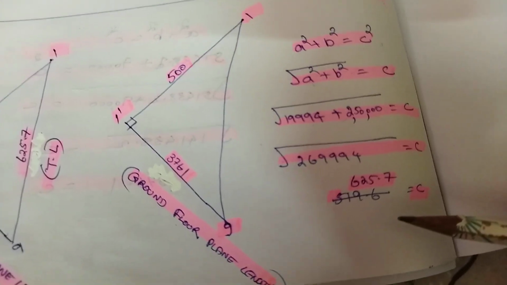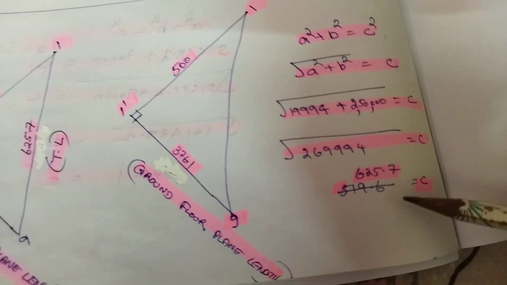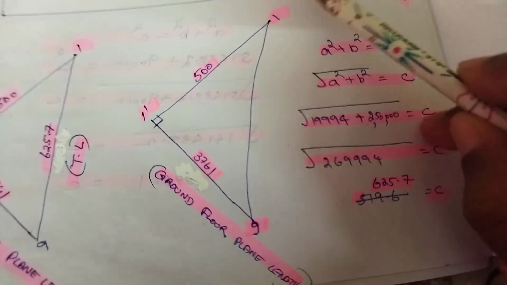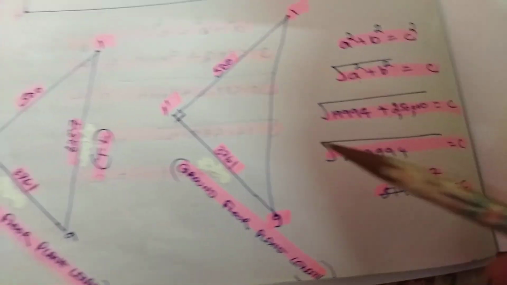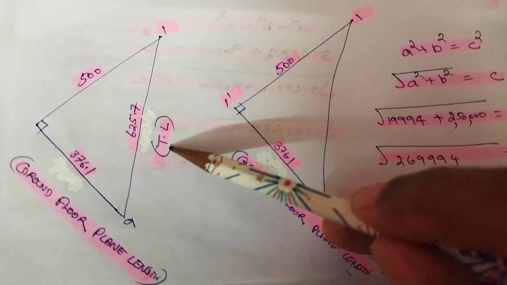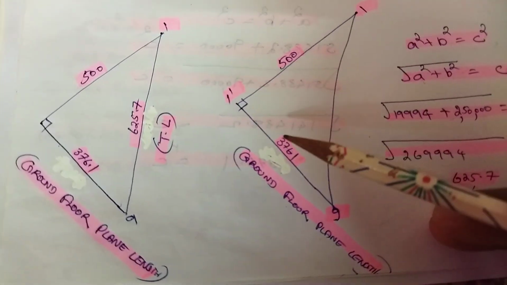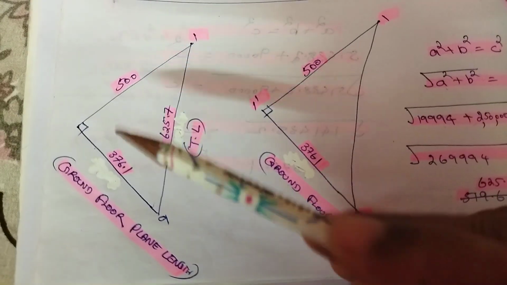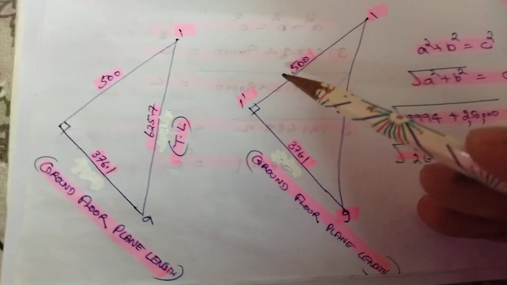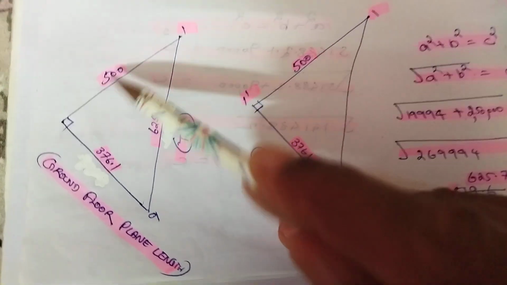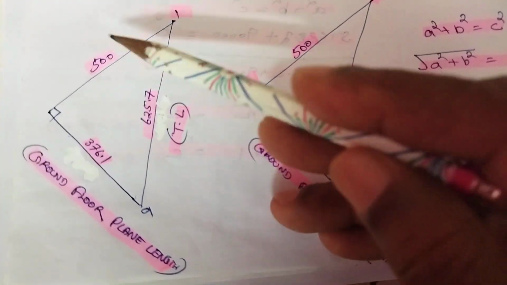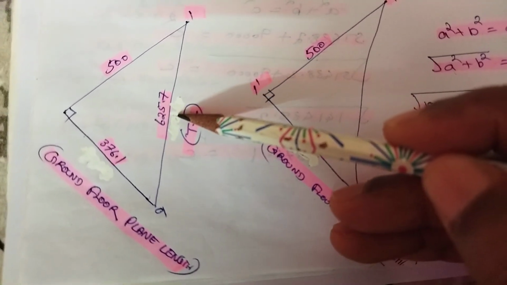What is this 625.7? That is the true length of 9-1. 625.7 is the true length. Using the 376.1 and this 500, we got 625.7.